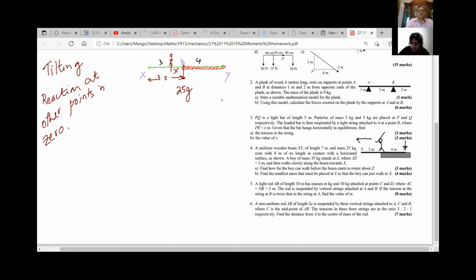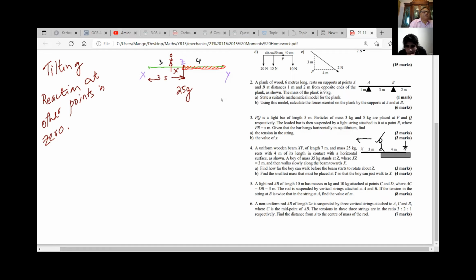Now, about which point do we take moments? Let's read the question again. The uniform beam is 7 meters, and the boy's mass is 35 kg, and it rests with 4 meters of length on one side.